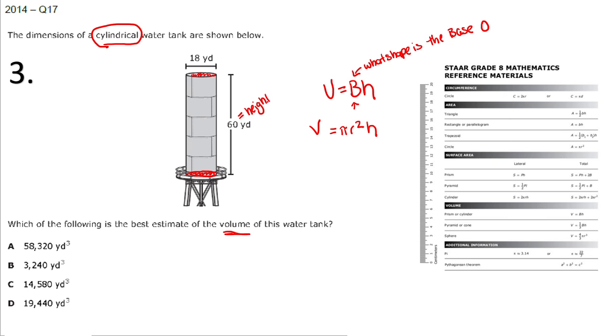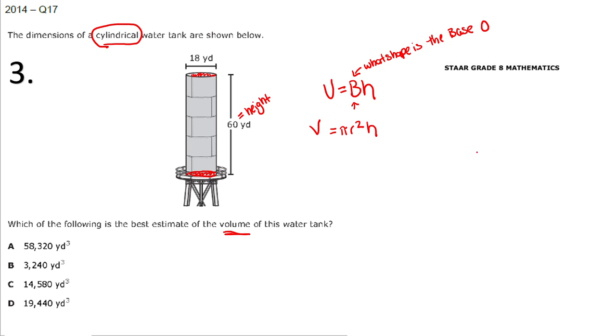Okay, we only have to answer one more question and then we have everything we need. We need to figure out what the radius is. Now the radius is half of the diameter. In this case, our diameter is going all the way across, so we got to take this 18 and divide it by 2.